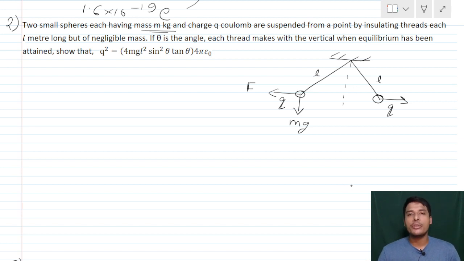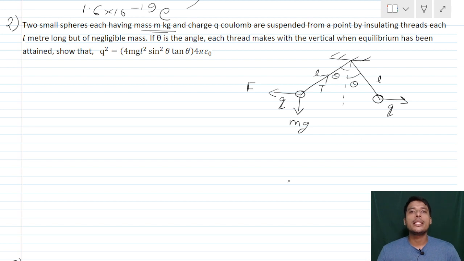In this type of figure, when a string is given of length say L, then we also have the tension T due to this thread. It is given that the angle theta is the angle each thread makes with the vertical when equilibrium has been attained. So this angle is theta, similarly this angle is theta.